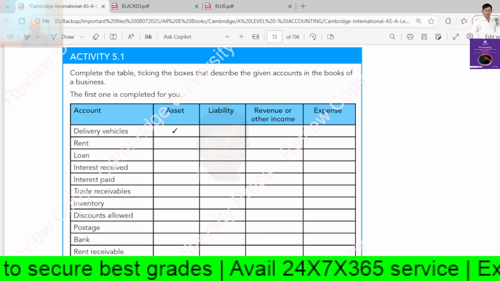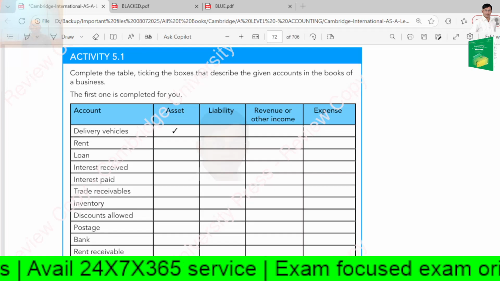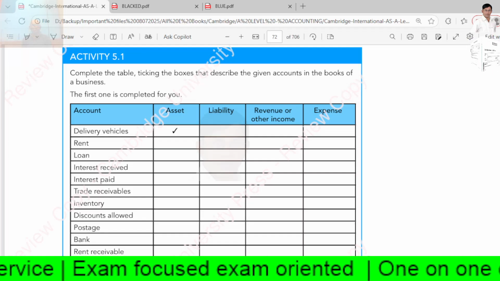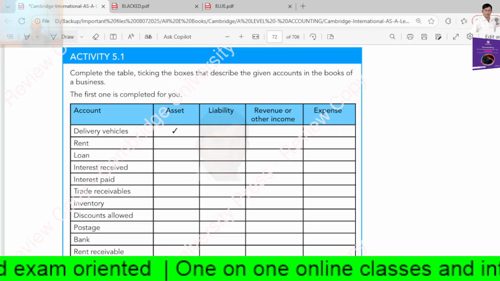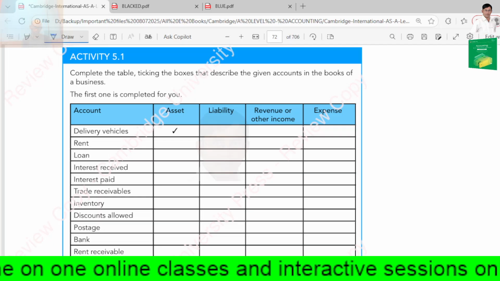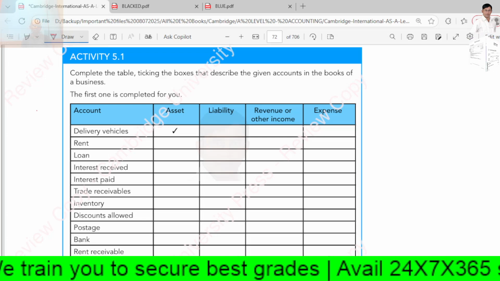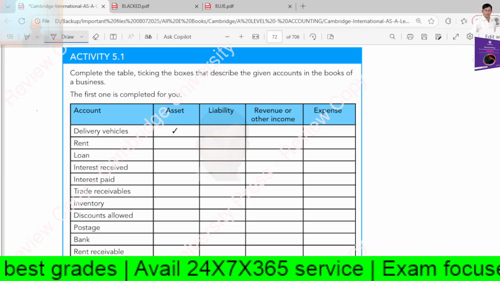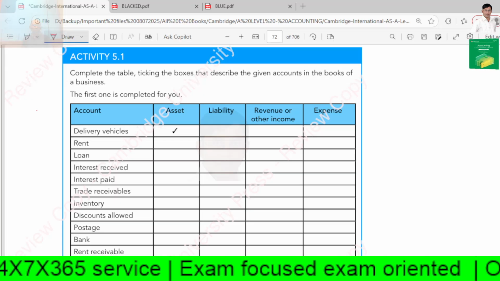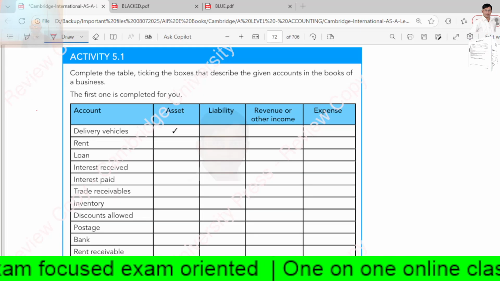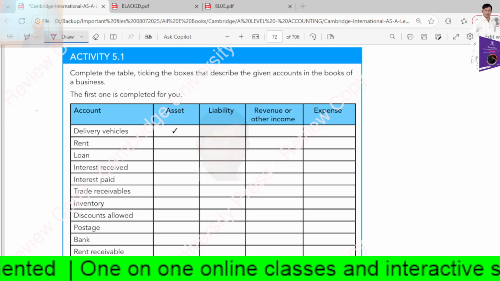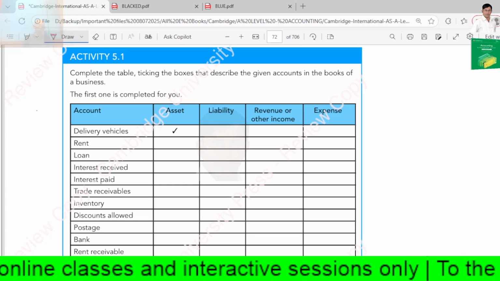Rent is normally, let's assume, an expense, since it is not specified. If you see the other line item here, rent receivable, this is income.